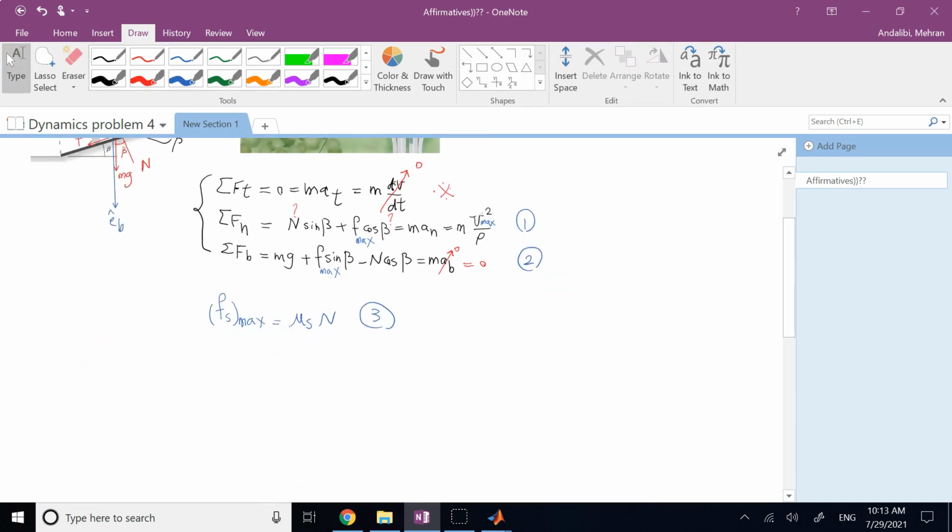Right? So the first thing I do, I plug in 3 into 1 and 2 to get rid of that friction term. So if I plug it into 1 and I factor out n on the left side, I will get n times sine of beta plus mu s times cosine of beta is equal to m Vmax squared over rho.